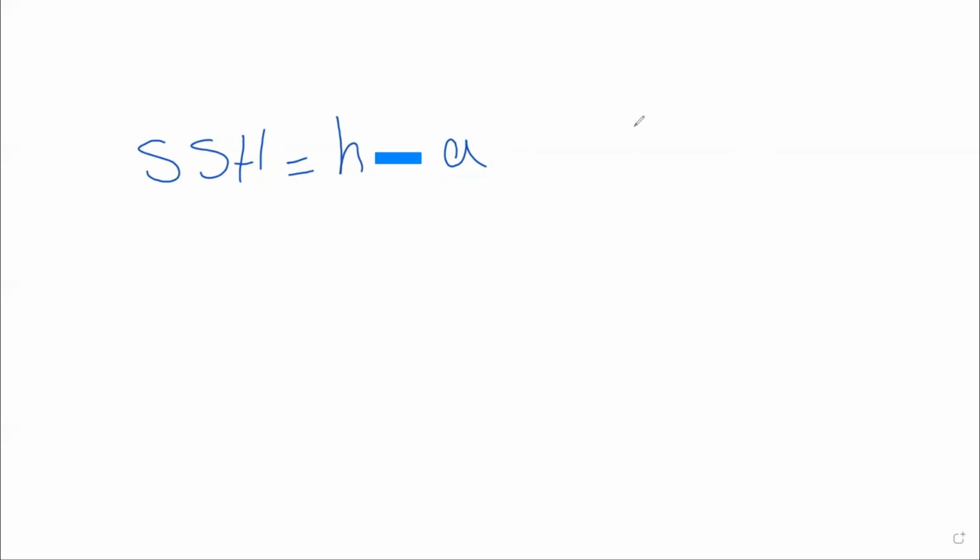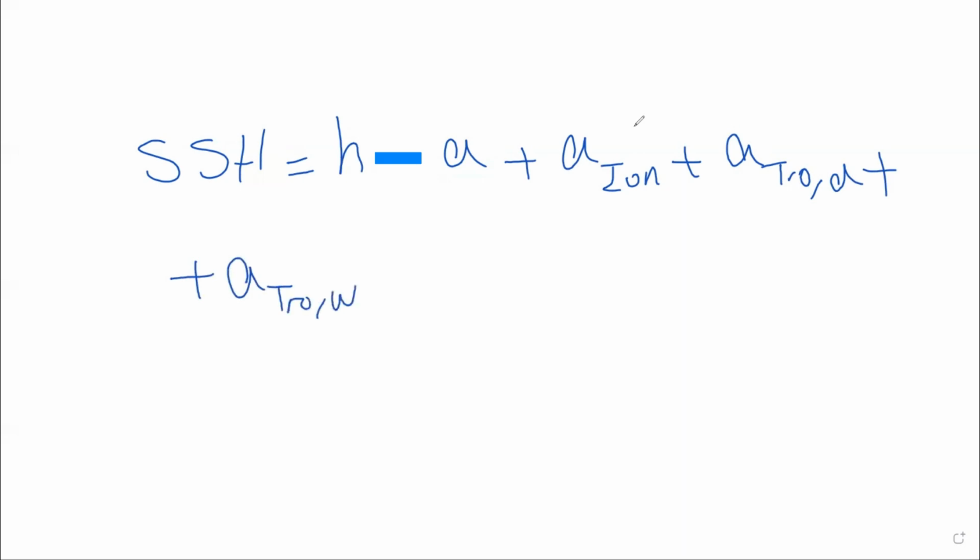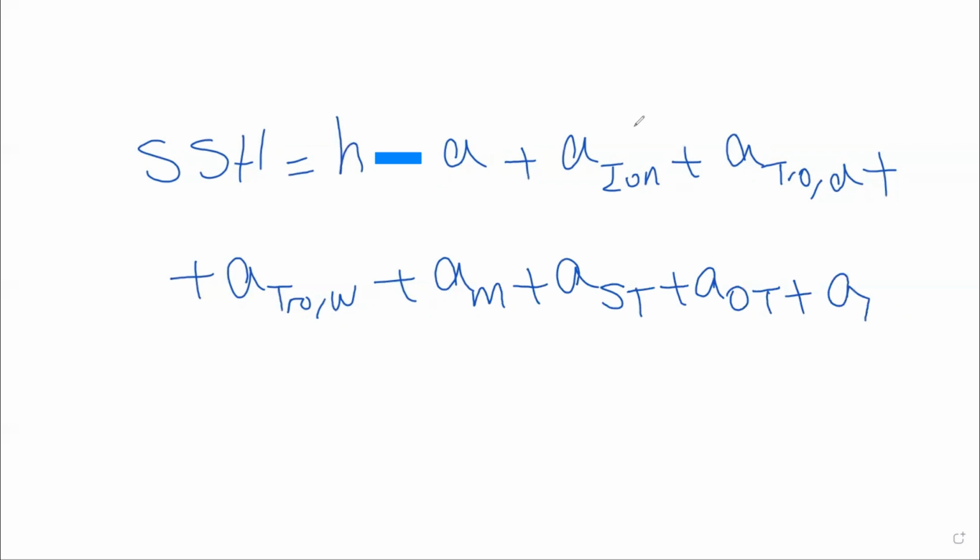These errors are there, plus the corrections, let me say, an ionosphere correction, a troposphere dry component, plus a troposphere wet component, plus a magnetic field, plus a solid tide, plus an ocean tide, plus a polar tide.